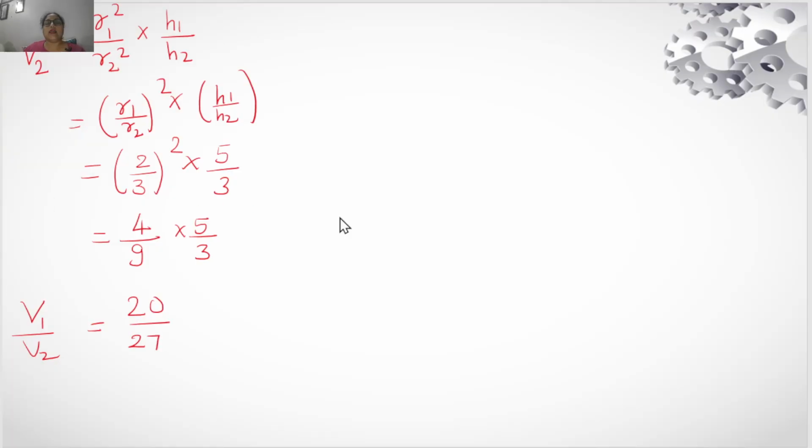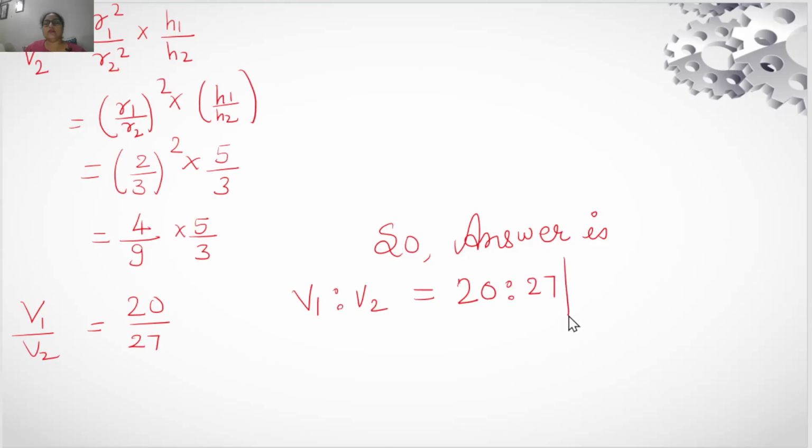But the answer has been asked in the form of ratio, so we will write the answer, that is V1 ratio V2 equals to 20 ratio 27. So in this way you will be able to solve the question. Now moving to the next question.